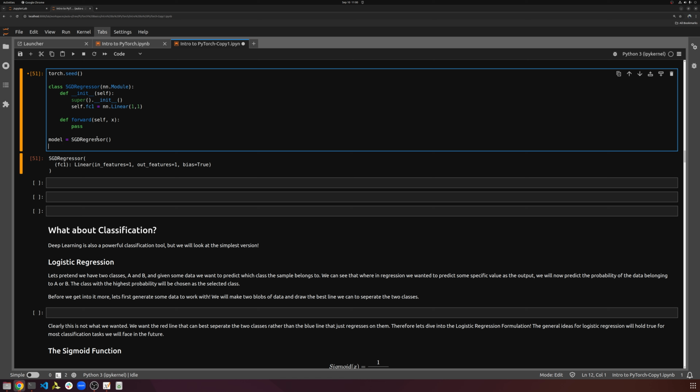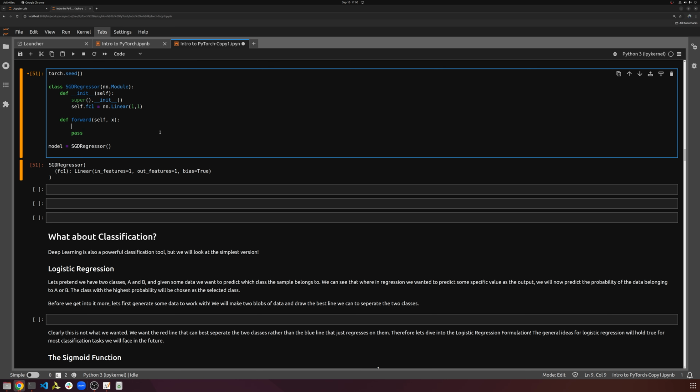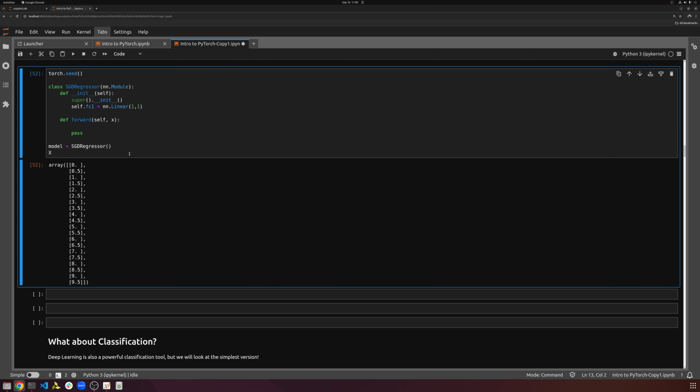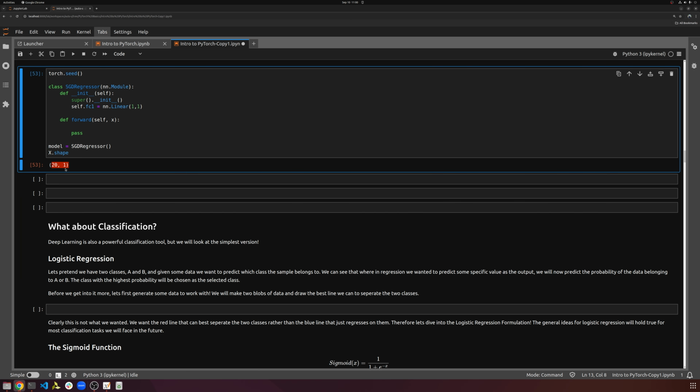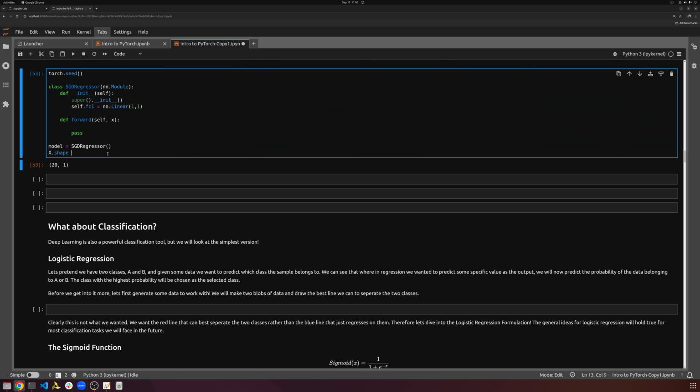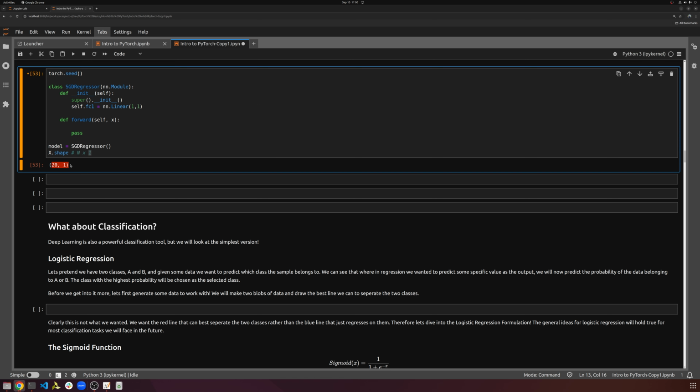What we need is the logic of passing data x into our y. So if we look at x.shape right now, it's 20 by 1. That's the shape of this data. So this shape here is really n by 1, which means we have n samples, and each sample has one input feature, 20 by 1.